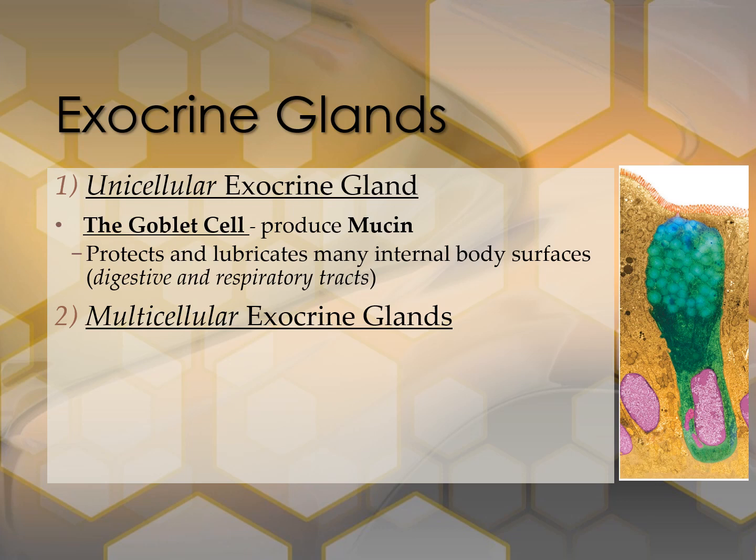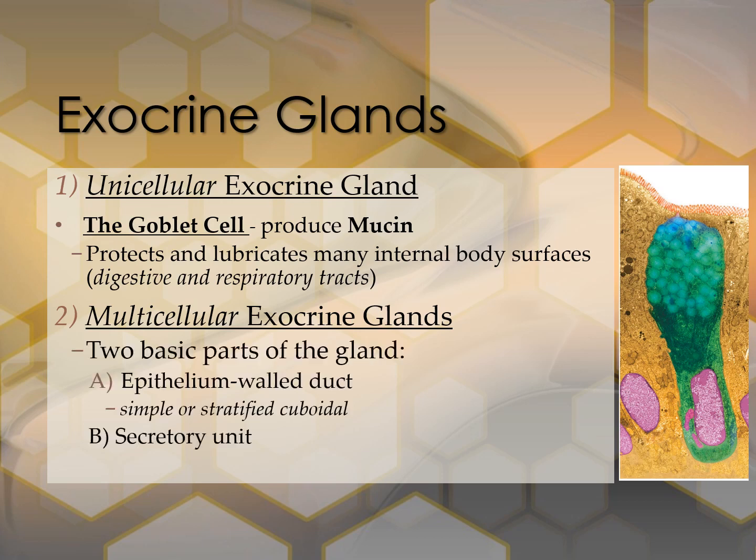But now we have multicellular exocrine glands. So these guys are our bigger glands, okay? And we have two basic parts. So we have the duct, right, which is the epithelial tissue. And that's going to be either simple or stratified cuboidal, usually, right? Just depending on the size of the gland and the size of the duct, okay?